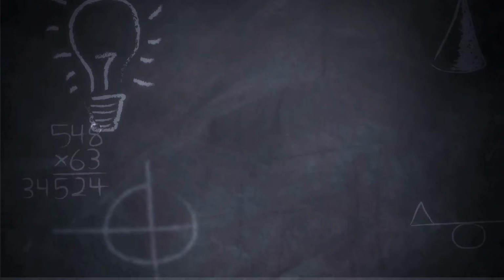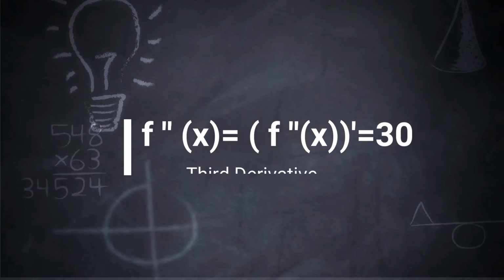Again, this is a function, so we can differentiate it again. This will be called the third derivative. Here is that derivative as well as the notation for the third derivative.